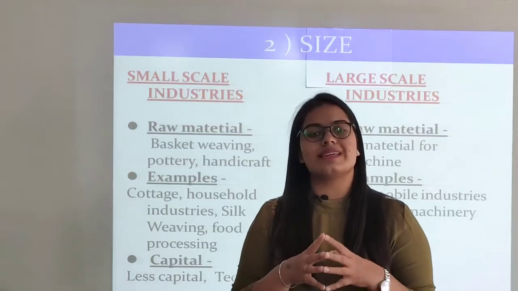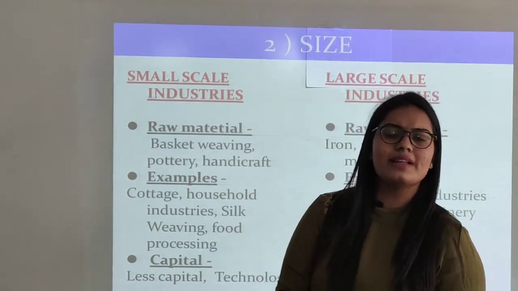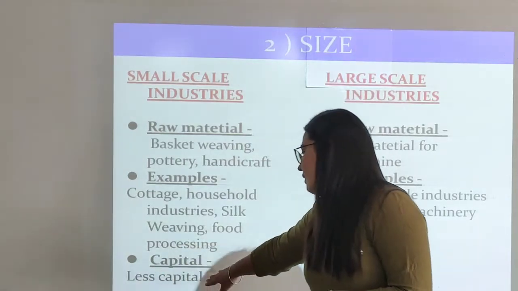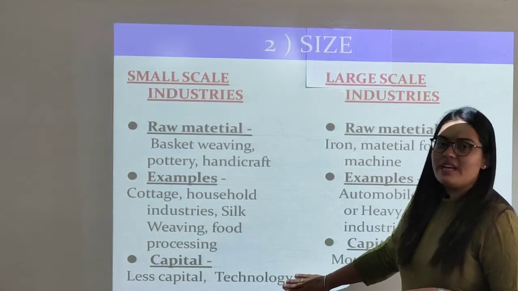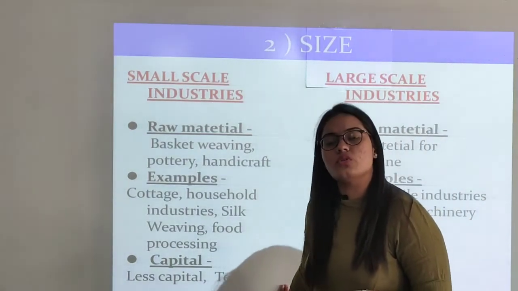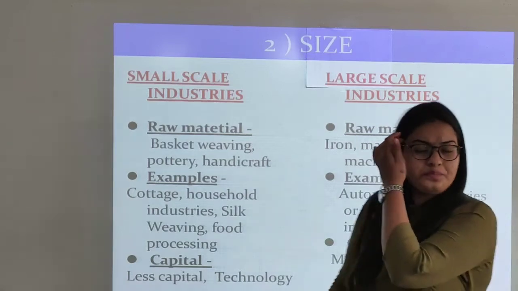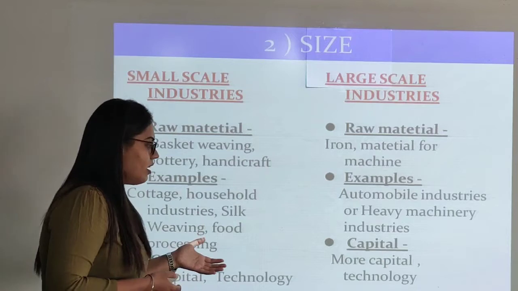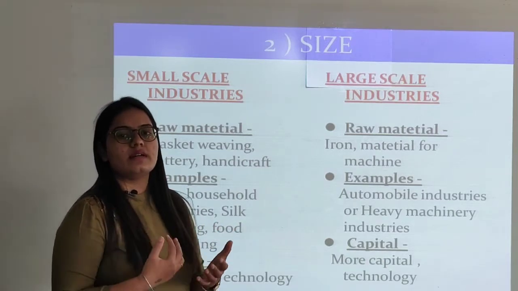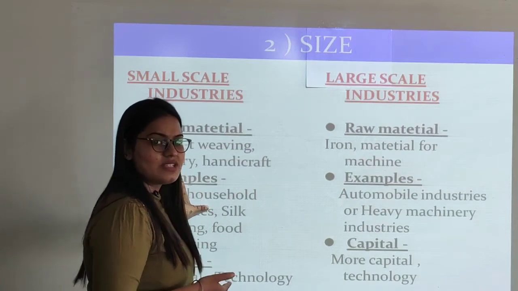The capital investment is less in small scale, and the technology used is also not so good as compared to large scale. Large scale industry requires a huge amount of investment in capital, technology, machineries and research, as compared to small scale industries.